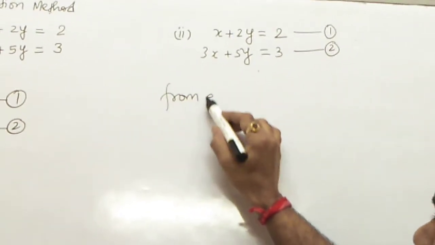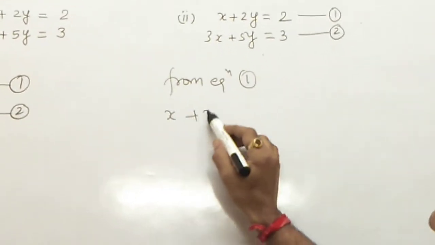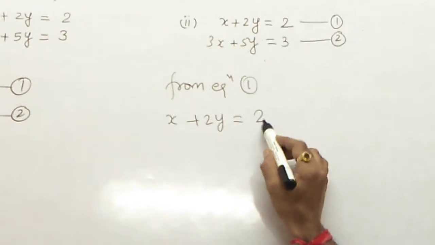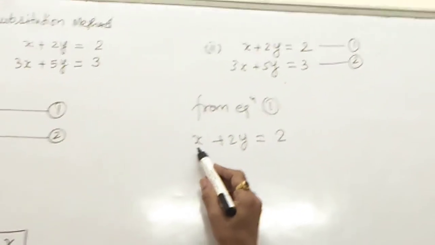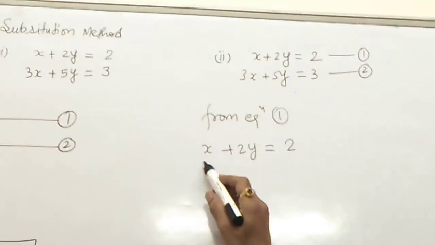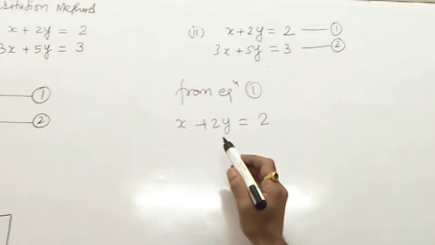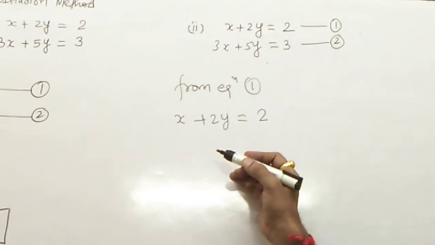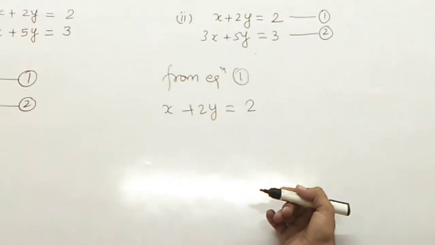You write down first equation 1, x plus 2y equal to 2. Which variable do you find first? Here you find the value of x, because x has coefficient one. If you find y instead, you get the value of y, there is no confusion, but you get it in the form of fractions.